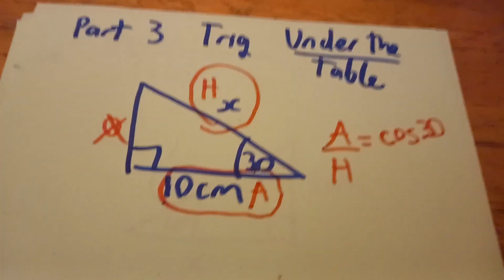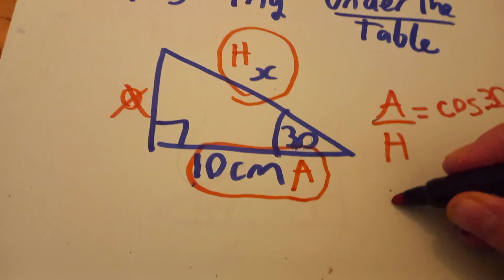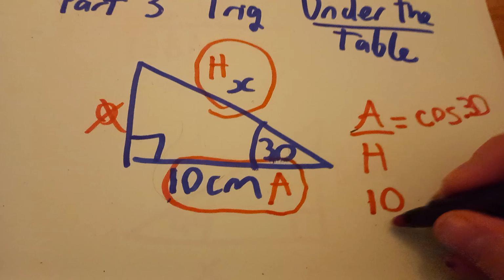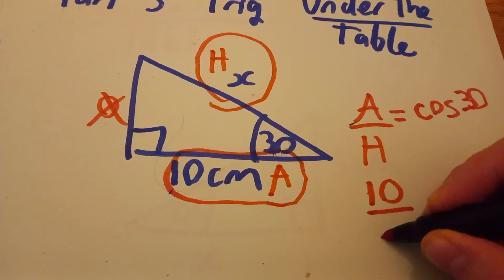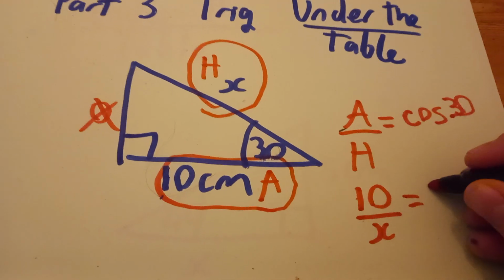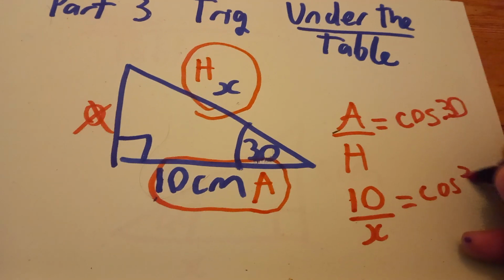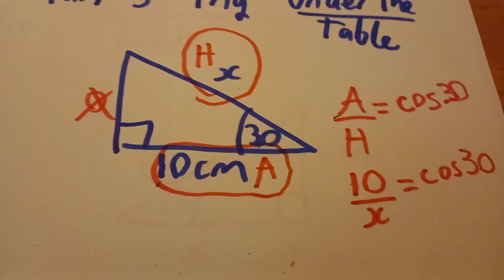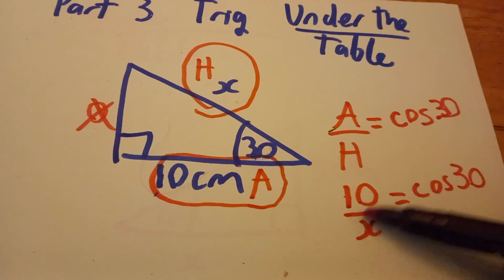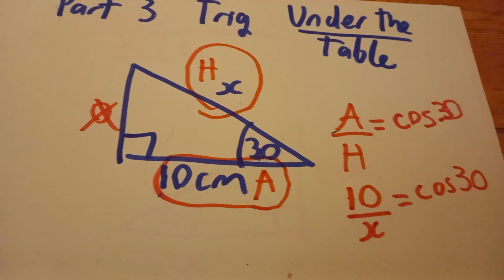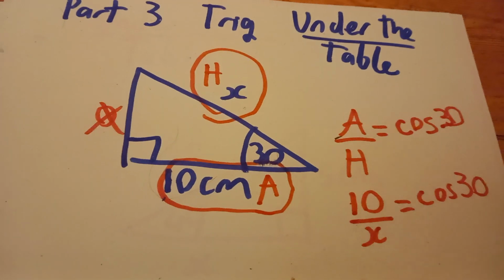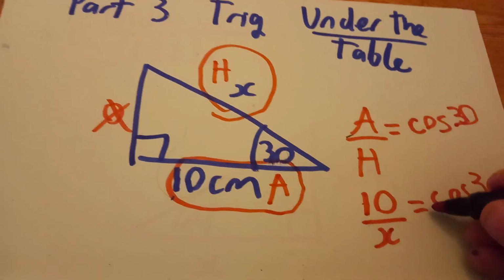Okay, let's continue. So this time, 10 at the top, because that's what's A, and x at the bottom equals cos 30. Now, here's the difficulty. X is at the bottom, it's under the table. It's pretty much impossible to get on its own, unless we flip the table the other way around.